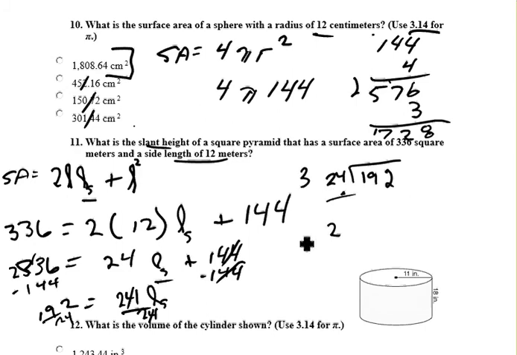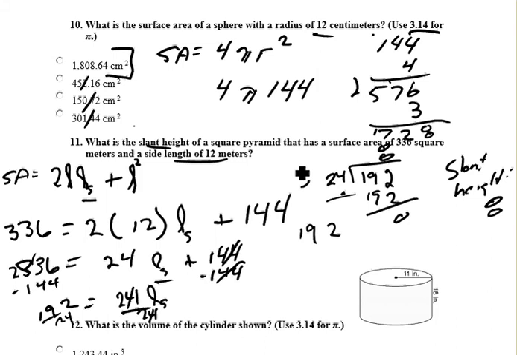Nice. Check it out. Bingo. Okay, so we just figured out the answer. The slant height equals 8. Hopefully you guys figured that out too, because we are solving for that guy. Slant height, 8.